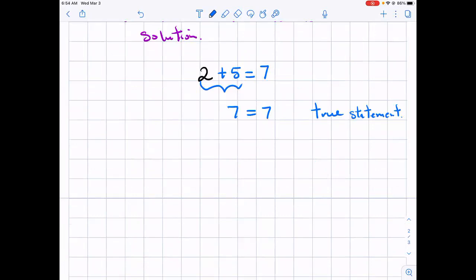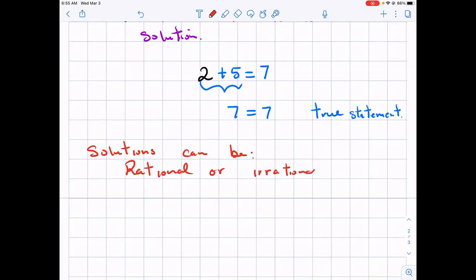So as you solve equations, you will notice that solutions can be either rational or irrational. So remember what a rational number is and what an irrational number is.